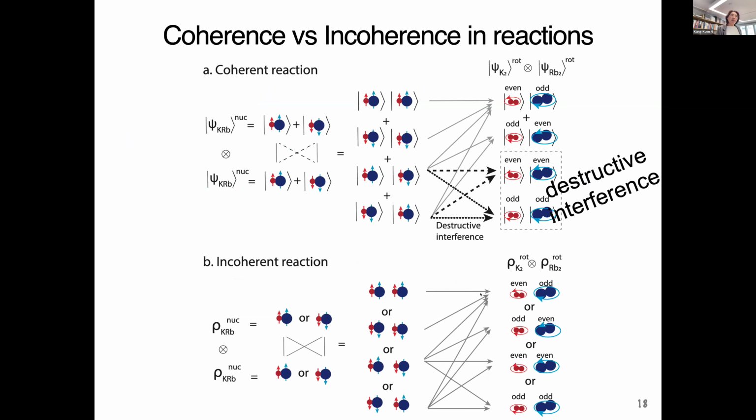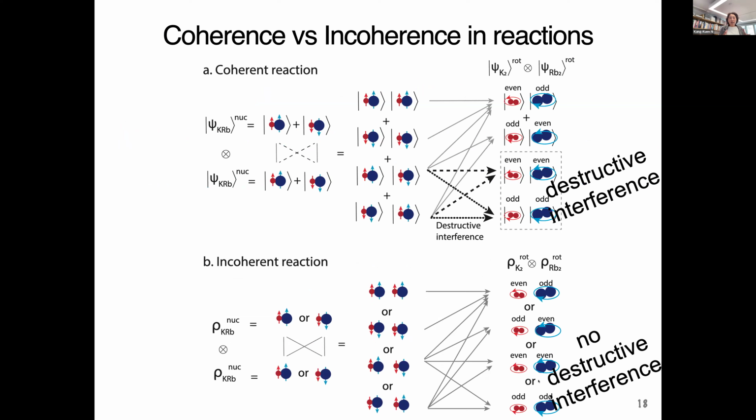But if the coherence is not maintained, if the process is incoherent, then everything just adds as population as opposed to amplitude, and there's no phase information, and therefore we would not expect to see any destructive interference for a particular set of channels. And these channels are the even-even and odd-odd channels.